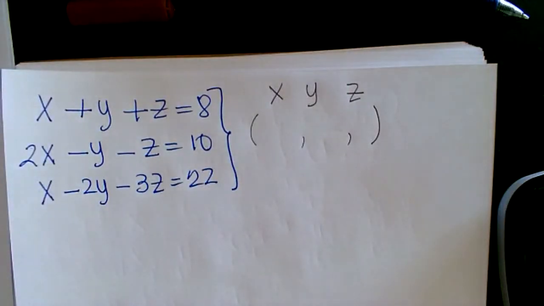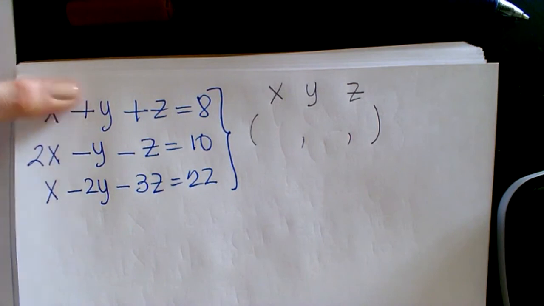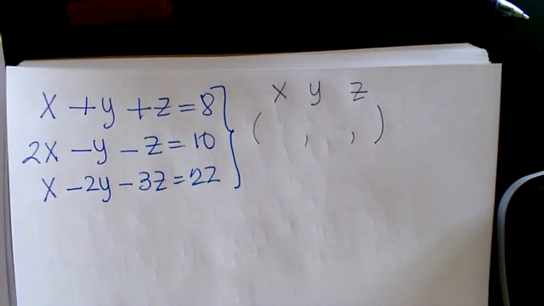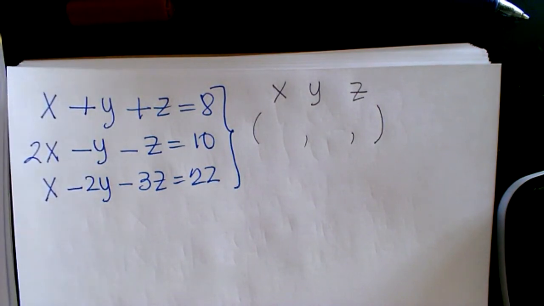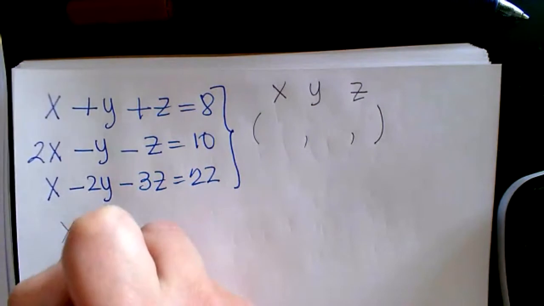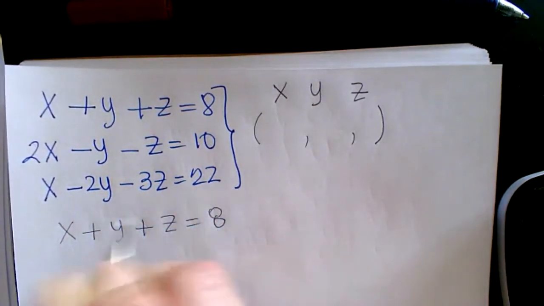So now, I'm going to take the first one and add it to this one, because I could eliminate the y. Plus z equals 8.